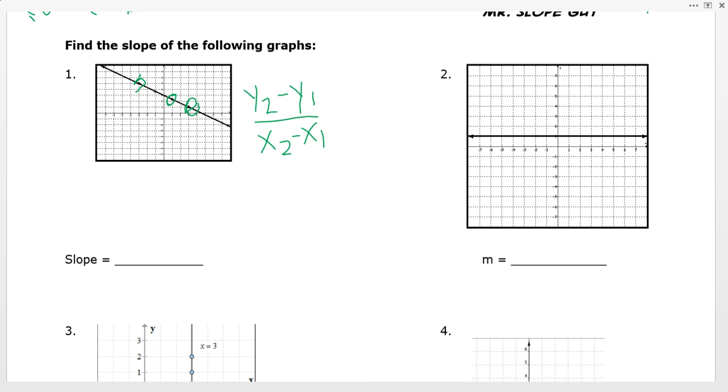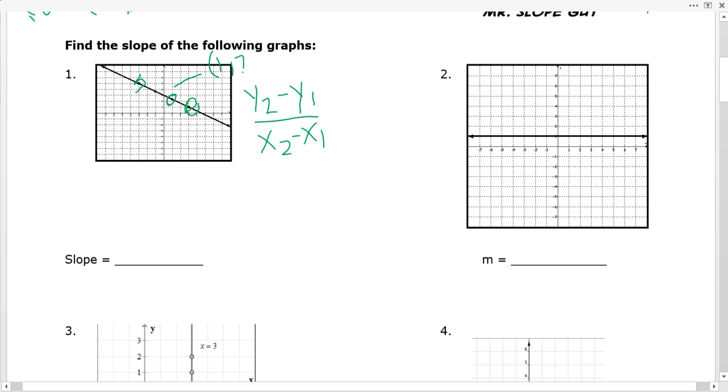So if I look at this one right here, I would say that is 1, 2. So I'm going to write 1, 2. And then this one I'll use, and that is 3, 1. We'll call this one x1, y1, and we'll call this one x2, y2.